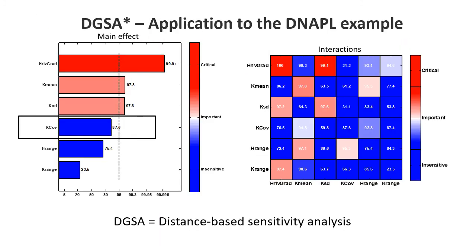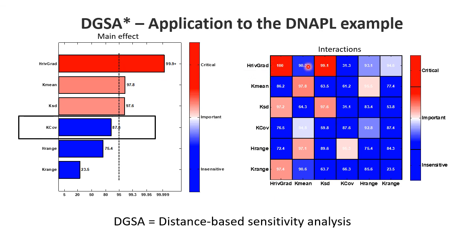So here we see, for example, in the DNAPL contaminant case involving that river, that we are plotting the main effects. So this would be the effects here. That was on the previous slide. So what we can then also do is look at the interaction effects, and look at the percentile for the interacting effects.